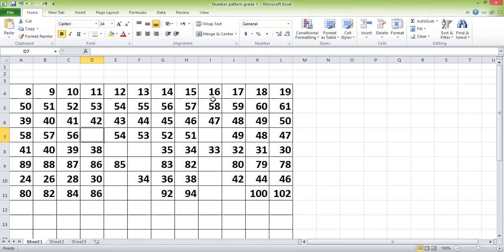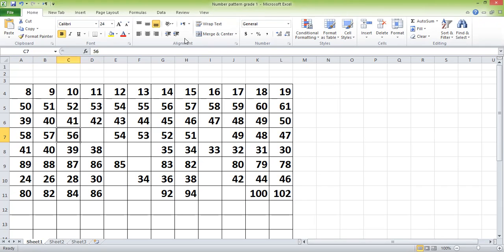That's why you can say that after 56, when you go back before 56, what comes? And you can find out the answer. Like before 58, what comes in the counting? 57. Before 57, what comes in the counting? 56.